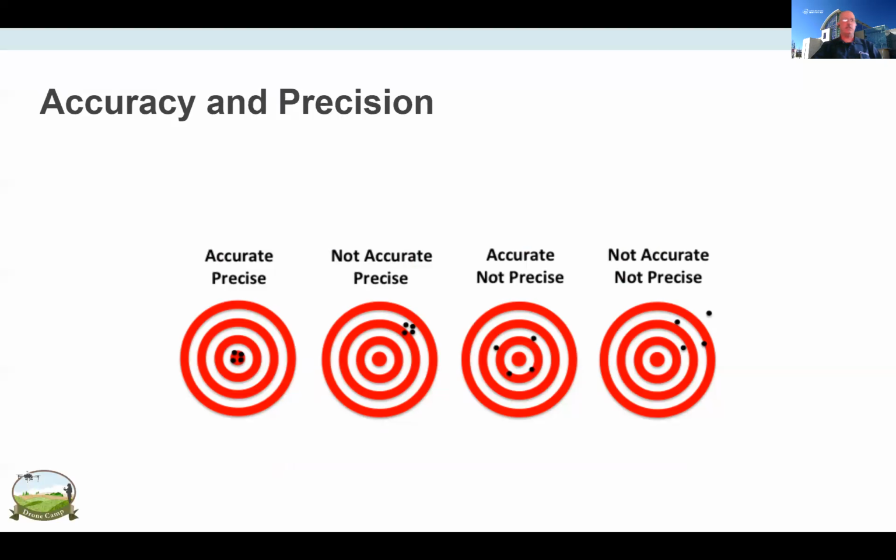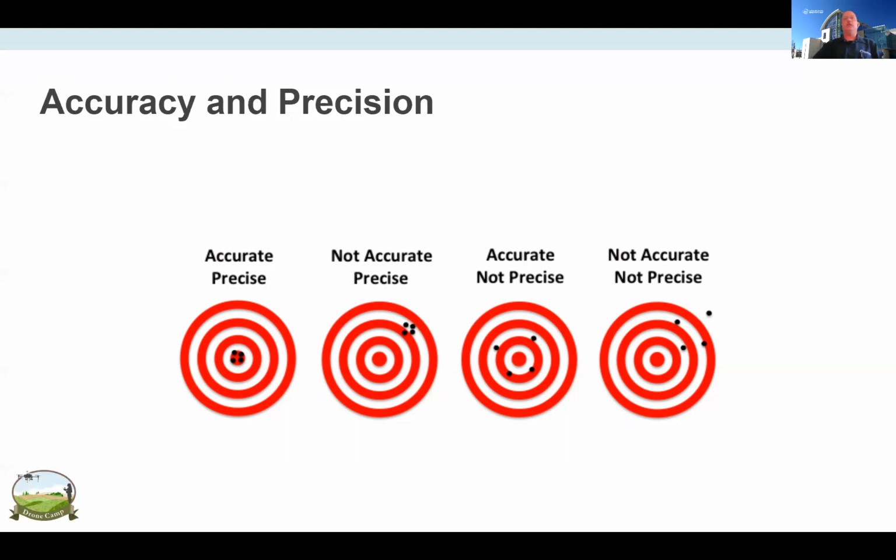Anybody who's taken a statistics course or done science has probably seen this sort of graphical metaphor for accuracy and precision. Accuracy refers to how close to the true value the value that we generate by measuring something is. So if there is a true value, accuracy is how close we got to it.